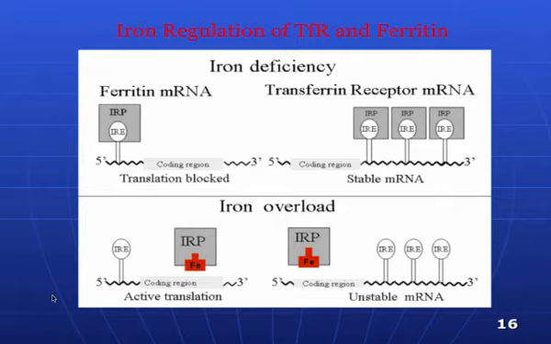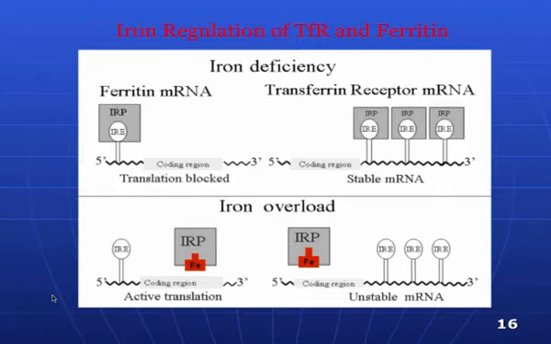Over here. Now we're talking about transferrin receptor. If a cell has high iron, should it make more or less transferrin receptors? Less. So in that case, the IREs are not bound by IRE-BP, so we have an unstable mRNA.